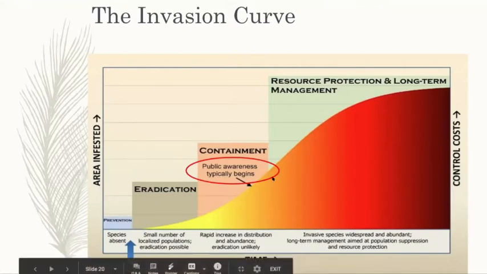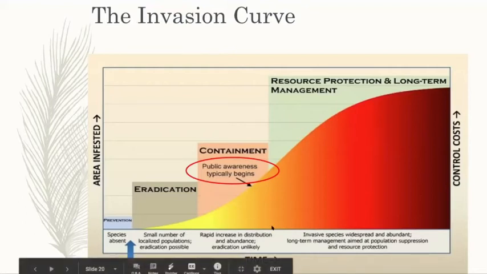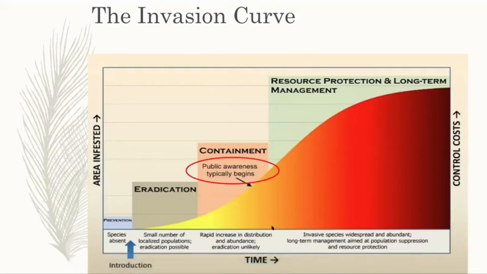And so the situation that Long Island is in is that we're constantly dealing with new invasive species. We're operating somewhere in the light orange area, where we're trying to get to species before they become too costly to control.